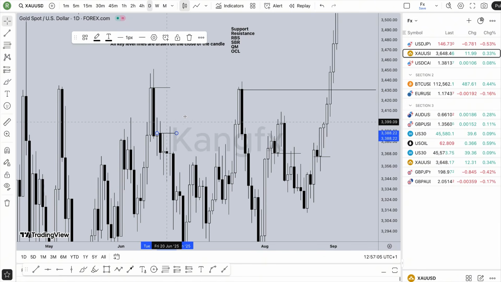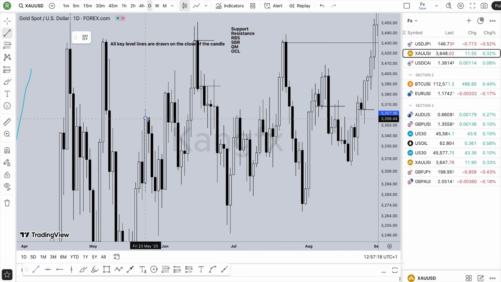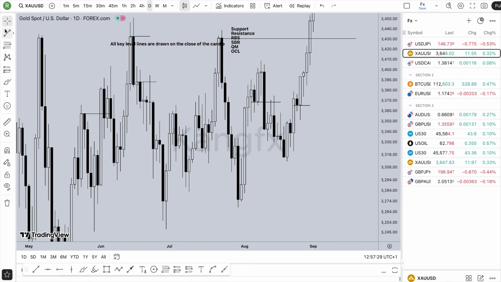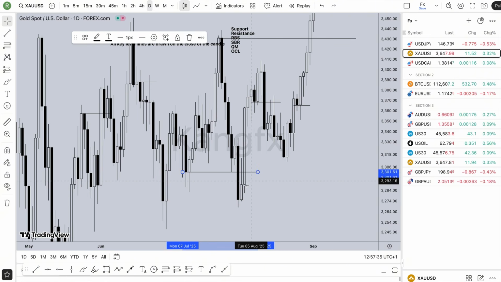This was a resistance, the market broke through it, became RBS, the market broke through it again, it became a QM. That's a QM. This is another one here. This was a support, the market broke through it, it became SBR, the market broke through it again, it became a QM. You see that?